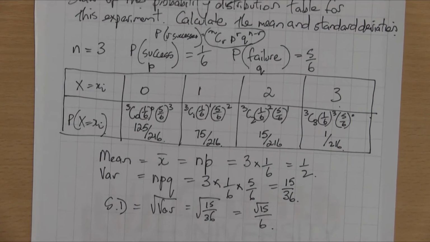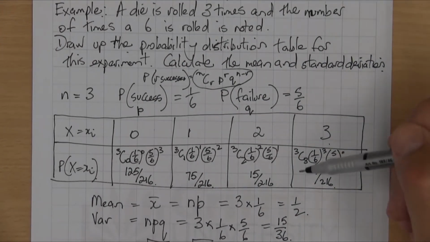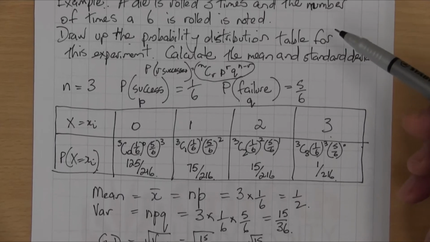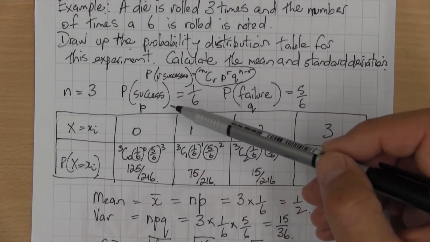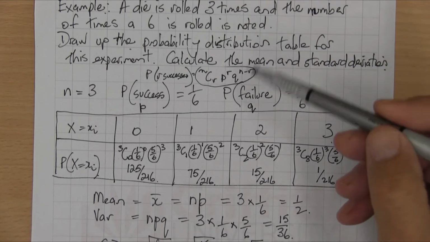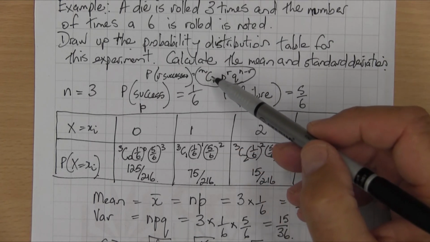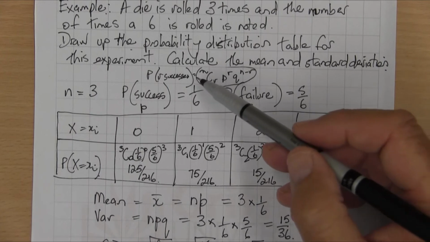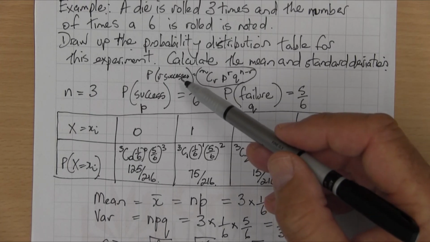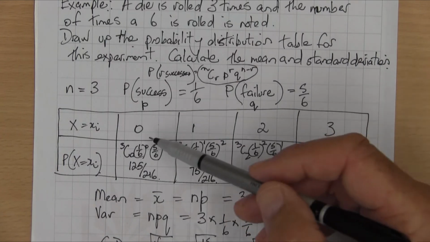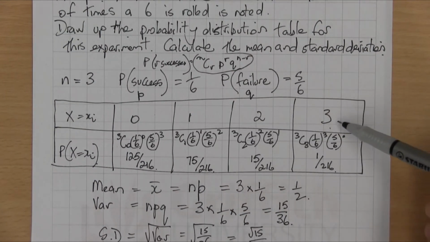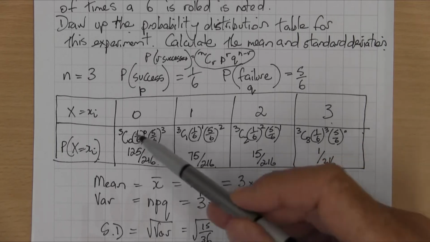Okay, so we've gone through an example of a binomial distribution. We've firstly determined what n, p and q are. We use the general rule for calculating r successes. So here r is equal to 0, 1, 2, 3 successes.